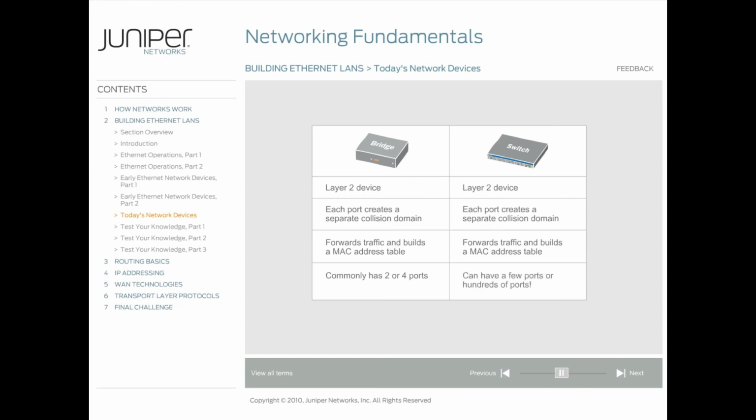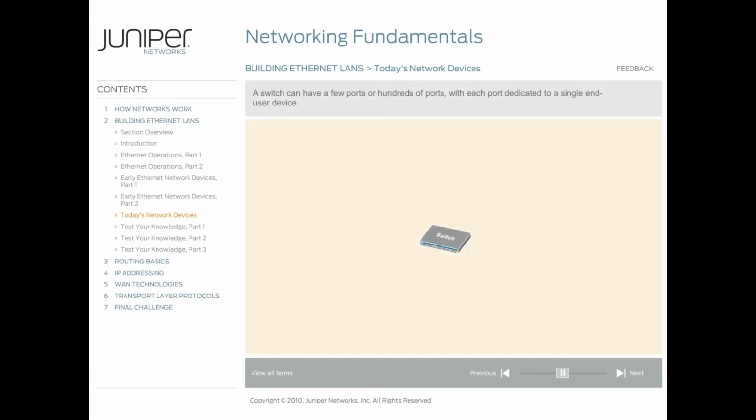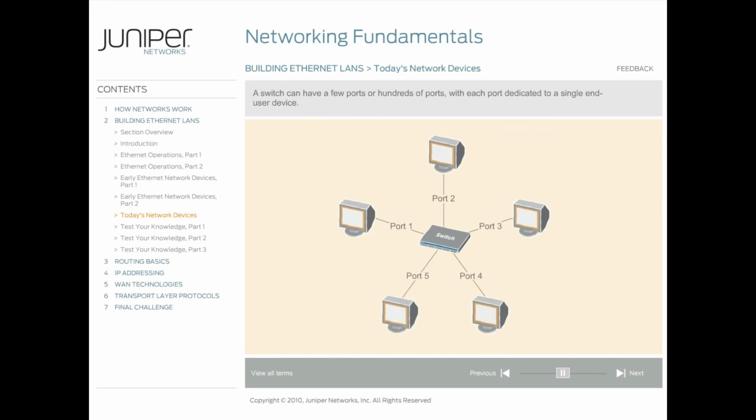Where they differ is that Ethernet switches have significantly more ports than do bridges. Today, a simple switch might have just a few ports, but an enterprise-level switch can have hundreds of ports. When a single Ethernet switch port can be dedicated to a single end-user device, hubs and bridges are no longer necessary. Because switches dedicate a single bridge port to one end-user device, collision domains have only two devices, the end-user device and the switch.